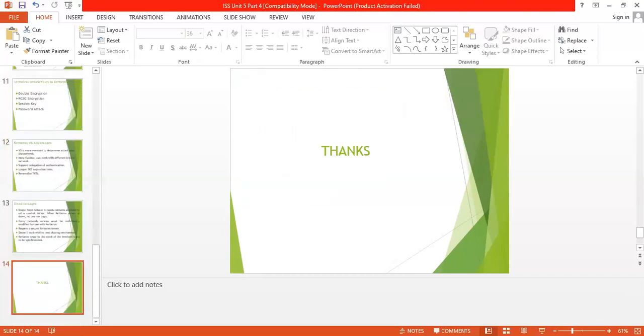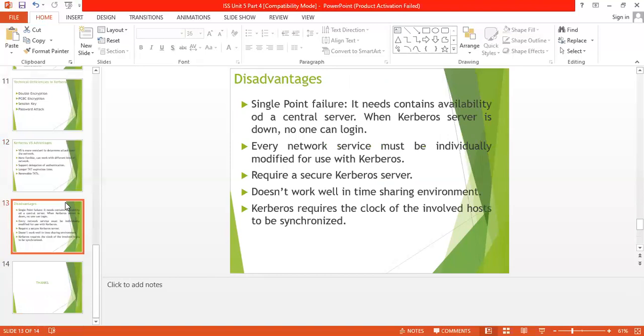And after this, some disadvantages of Kerberos version 5 or Kerberos in general. Number 1, the single point of failure: Kerberos uses centralized servers, so if the server is down, then no one can log in to the system.